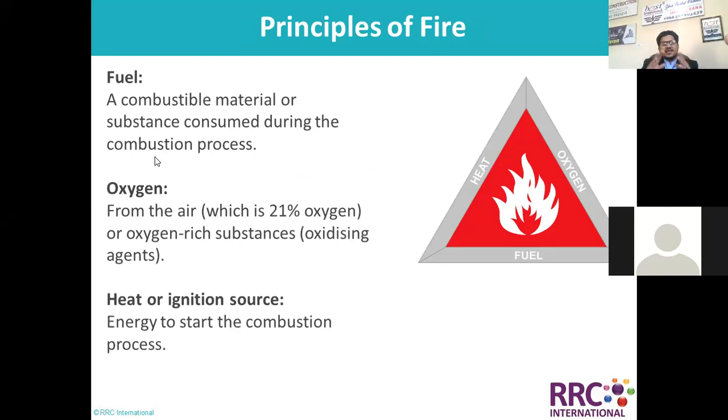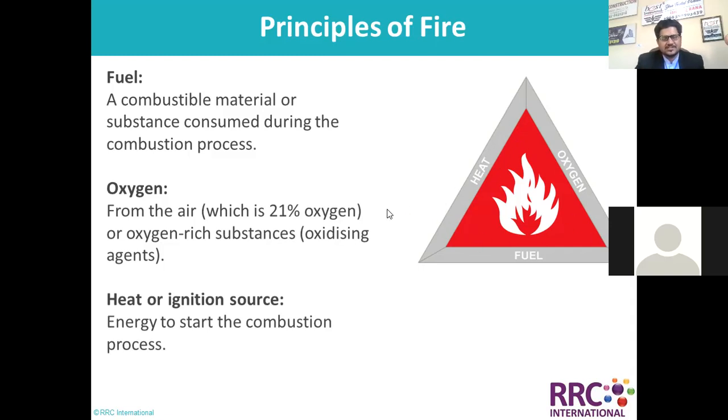Fuel means any combustible material or substance consumed during the combustion process. Oxygen means from the air, which is 21% oxygen, or oxygen-rich substances, oxidizing agents. Heat or ignition could be energy to start the combustion process. And once all meet together, because of this triangle, of course fire will be there.